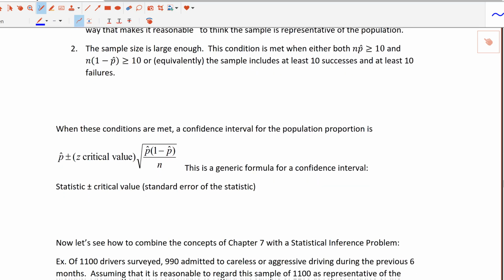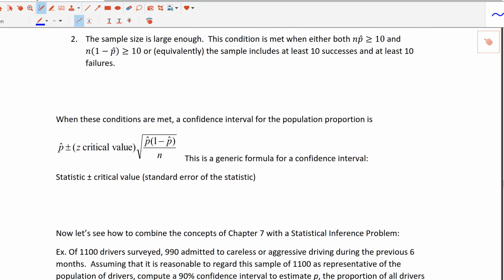When we meet those conditions, we can calculate p hat, calculate the margin of error, and create a confidence interval. And that's the generic formula for creating a confidence interval, right? This z value that we calculate depends on how confident we want to be.